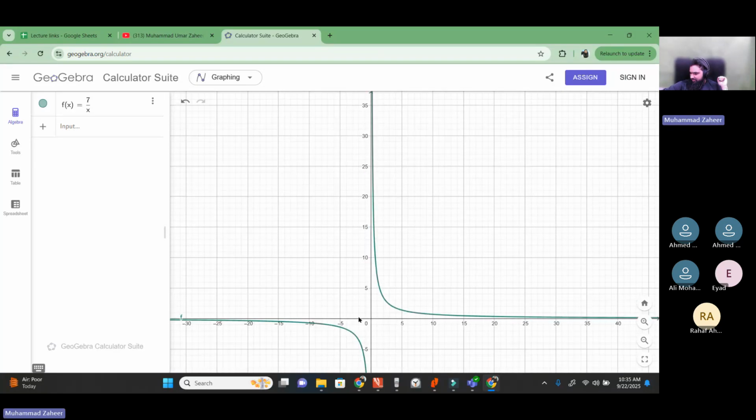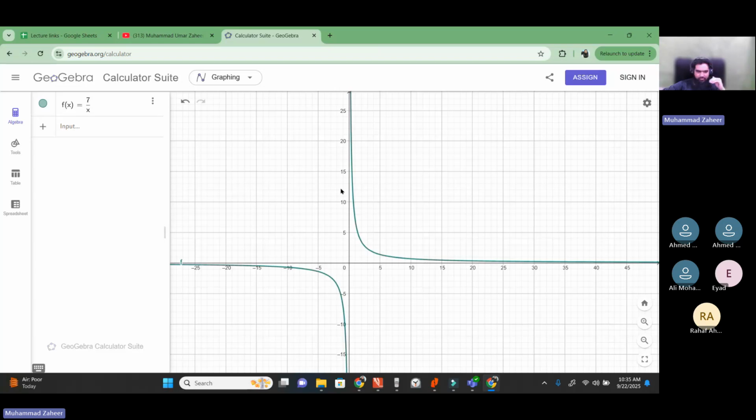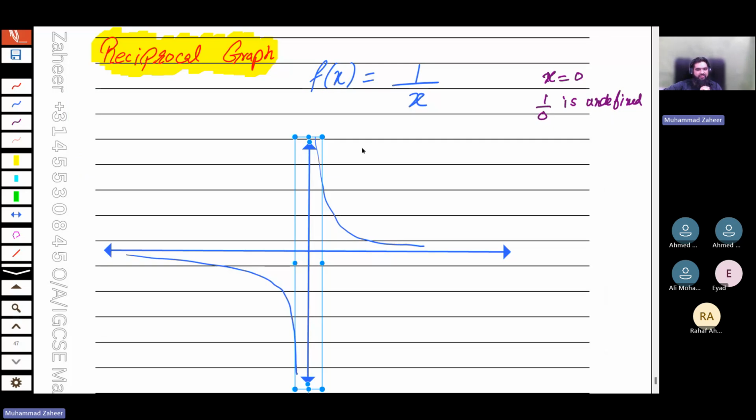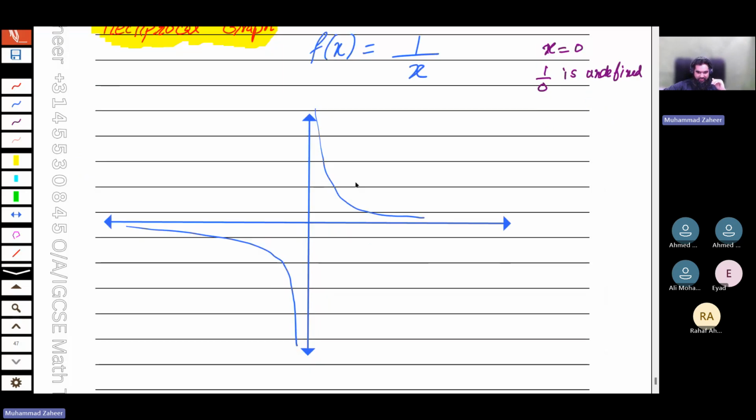In the first quadrant, it is going to be closer to the y-axis, but it will not touch the y-axis. And here it is going to be closer to the x-axis, but it is not going to touch the x-axis because you are not going to get the answer 0. In the same way here in the third quadrant as well. So for any reciprocal function, the graph is always like this.